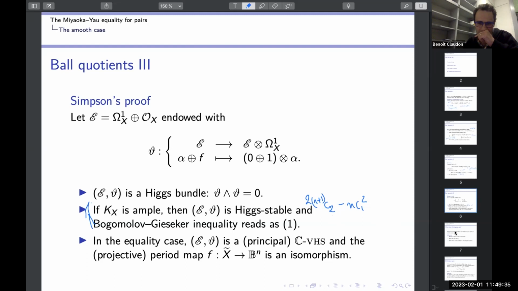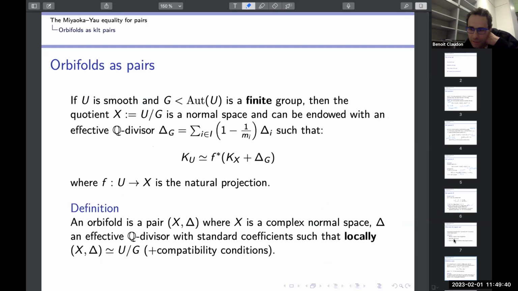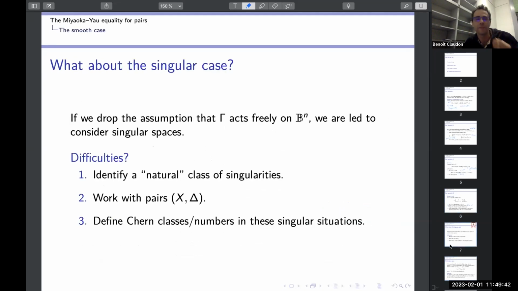Okay, so I'm a bit lost here in my slide. Now I come to the singular case. When I say singular, I mean what happens if we drop the freeness assumption. In that case, of course, our X = Bn mod gamma is singular.